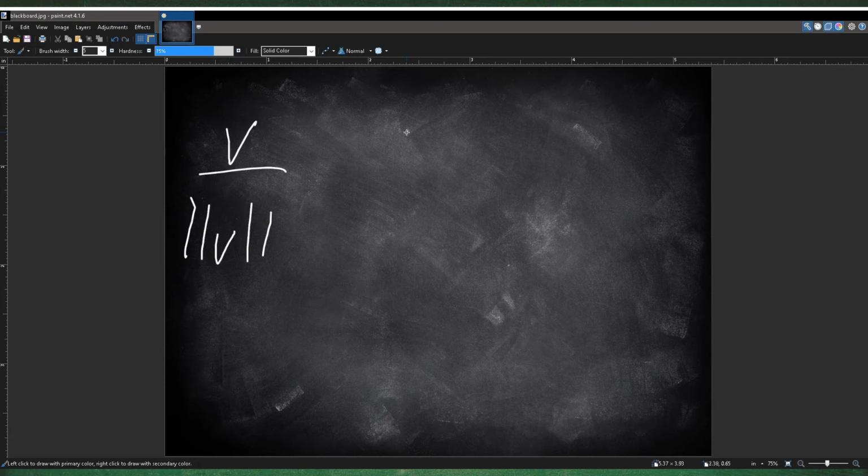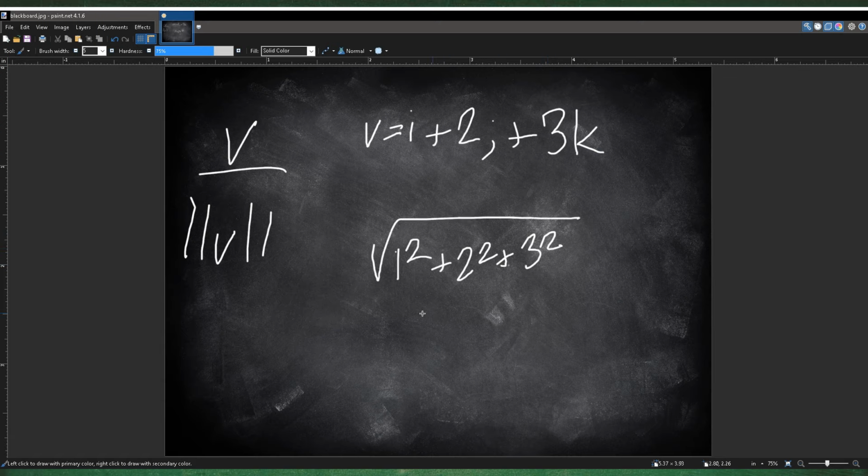So for example, we have v is equal to i plus 2j plus 3k. So the magnitude is the square root of 1 squared plus 2 squared plus 3 squared. That's 1, that's 4, that's 9, that's 14. So that's square root 14, right?